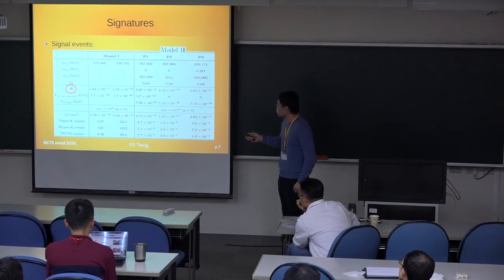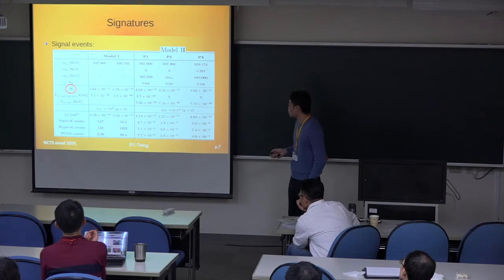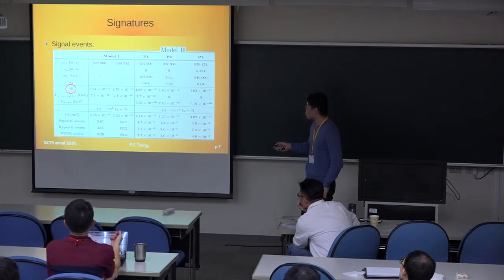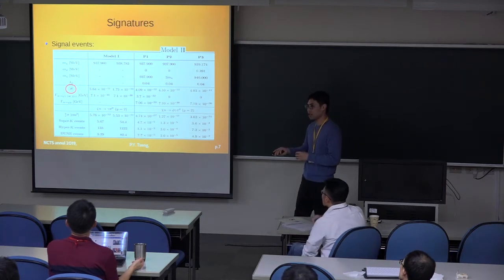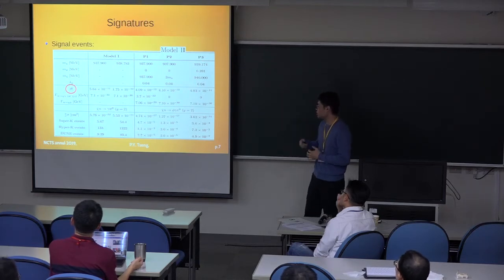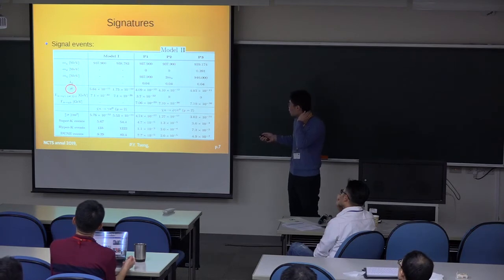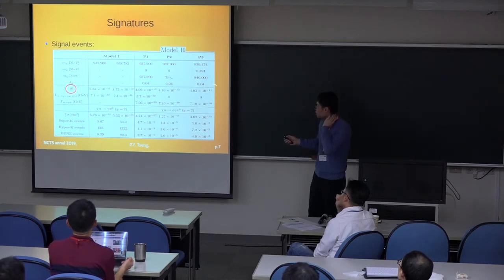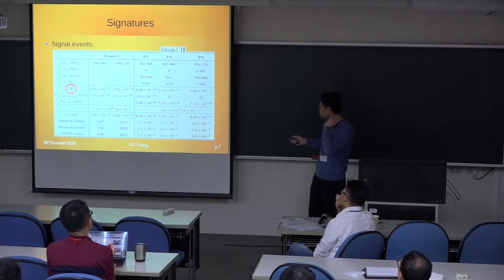So first, for model 1, we choose 2 benchmark points. As we can see, the mixing angle between the neutron and the chi actually is very small. They only need 10 to the minus 10 or 10 to the minus 11 to explain the neutron lifetime anomaly. And an even smaller mixing angle is required by model 2, about 10 to the minus 12 or 10 to the minus 11.